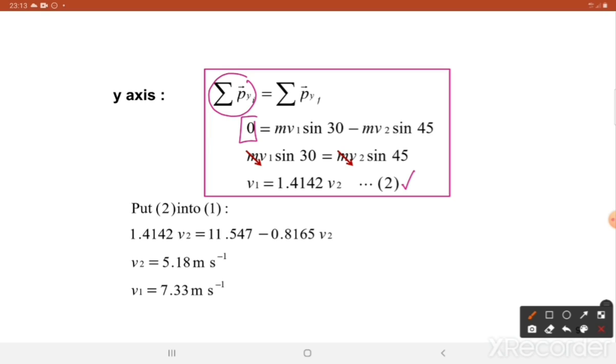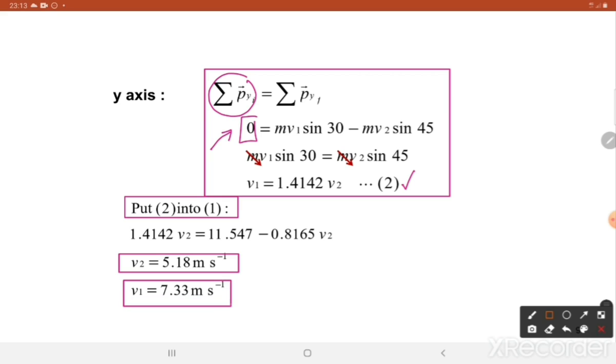Hence, there is no total momentum along the y-axis. So that's why the value of total Py initial is equal to 0. Next step, substitute the second equation into the first equation, and finally you will get v2 and also v1.